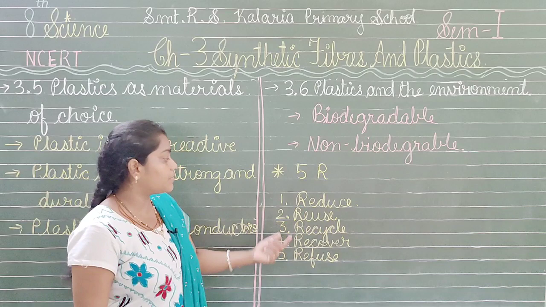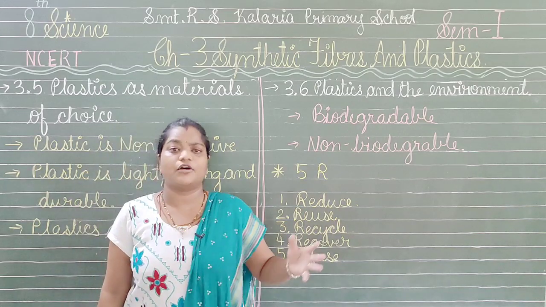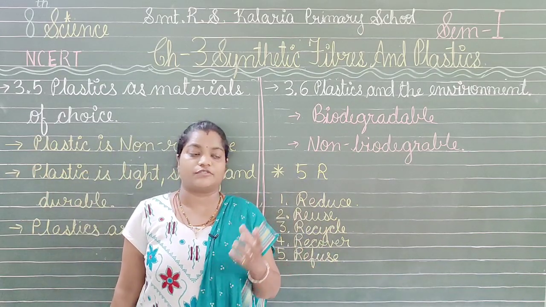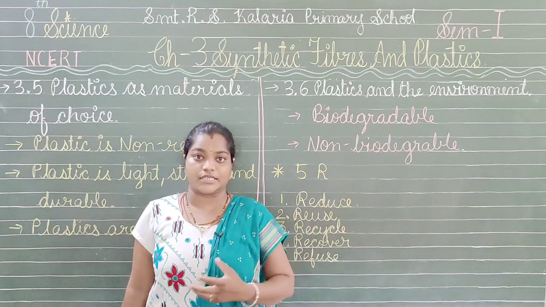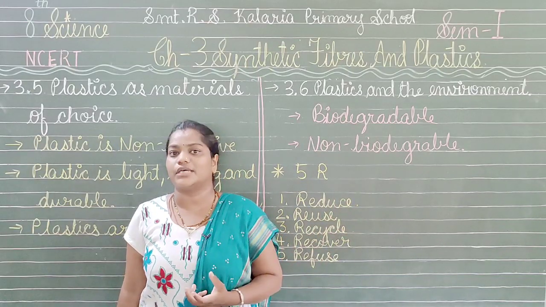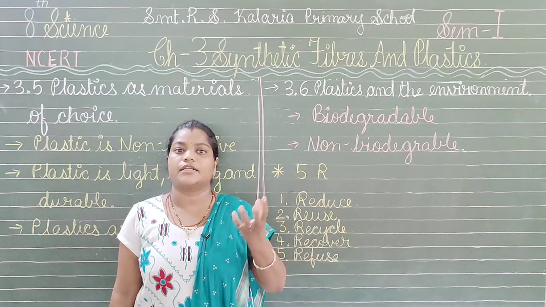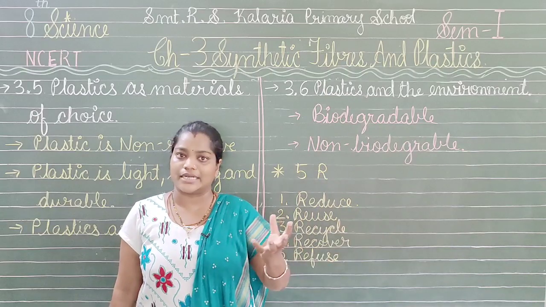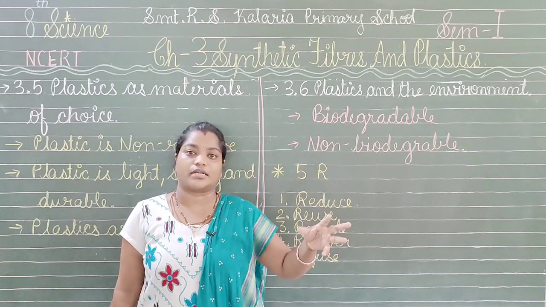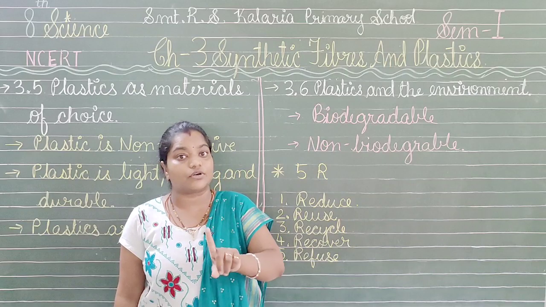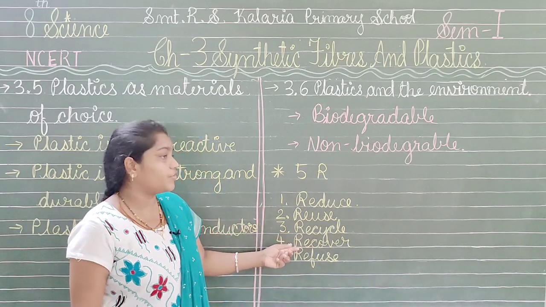The third is recycle. Some things, like the plastic bottles we take for beverages or cold drinks, we should give for recycling, so that they are made into new bottles and come back to the market. That is called recycling. The next is recover.